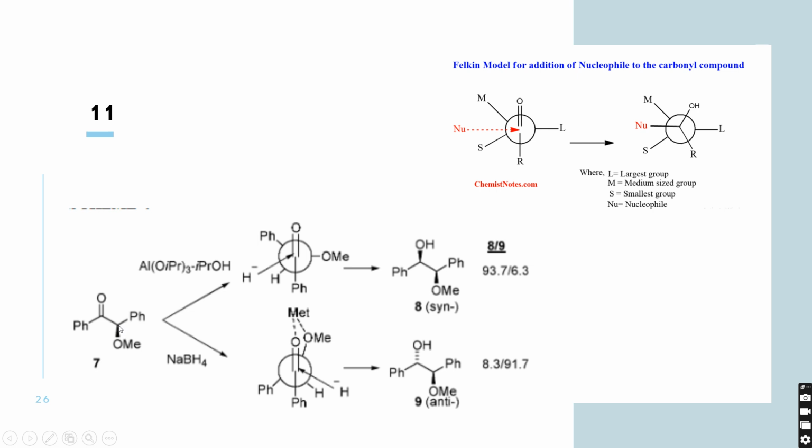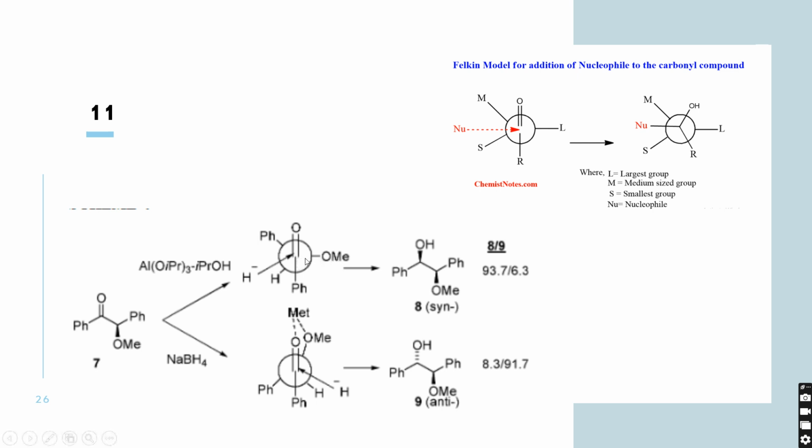And while placing this carbon at the back side, you have to place the largest group attached to this carbon perpendicular to your carbonyl group, because this particular conformation where your largest group is perpendicular to your carbonyl group is the most stable conformation of your substrate.